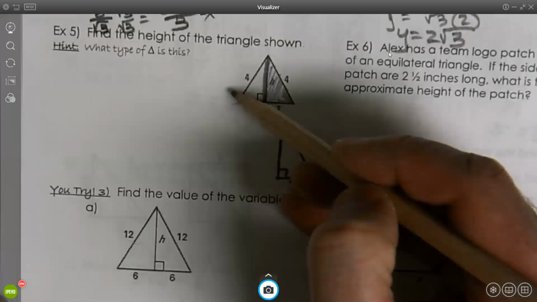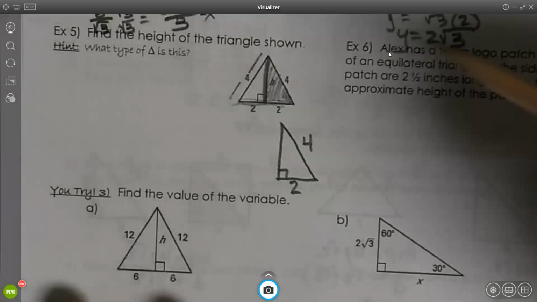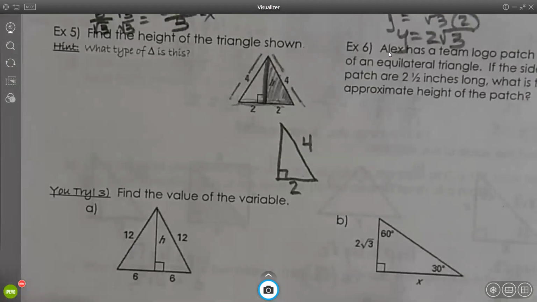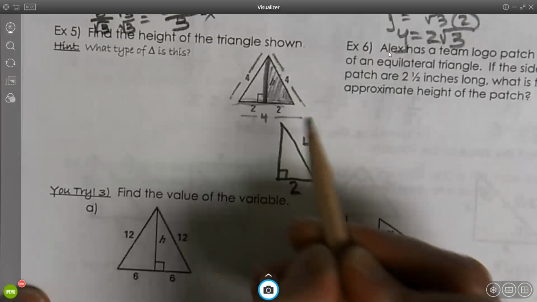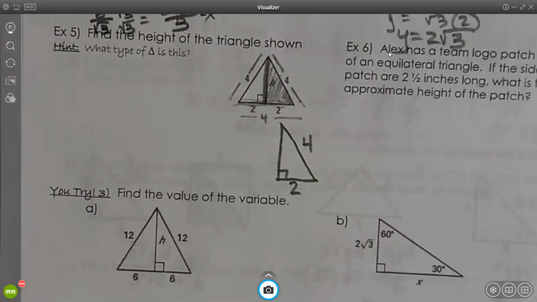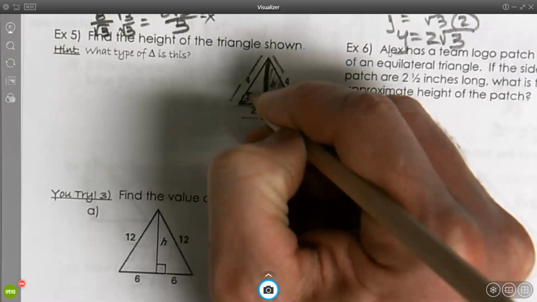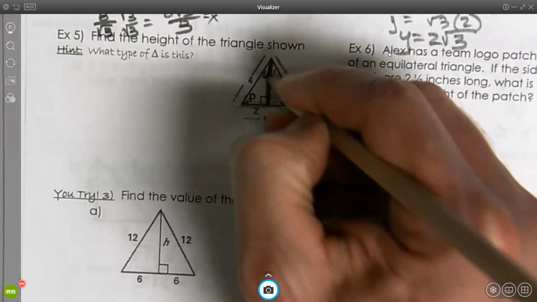Notice how that length is 4, this length is 4, and this total length is 4. Because they're all the same length, you know that it's an equilateral triangle, which makes it a 60, 60, 60 for the angles also.